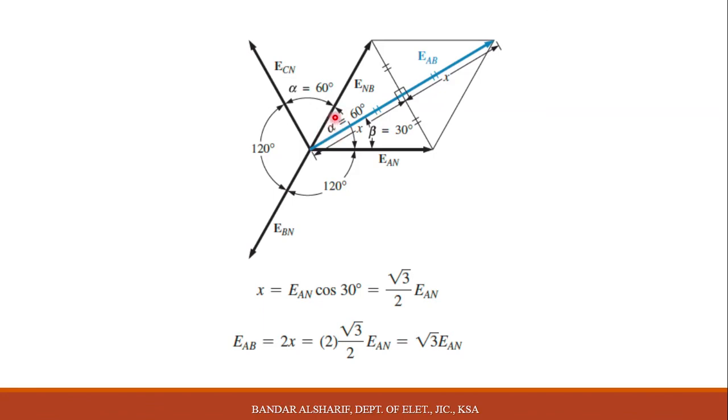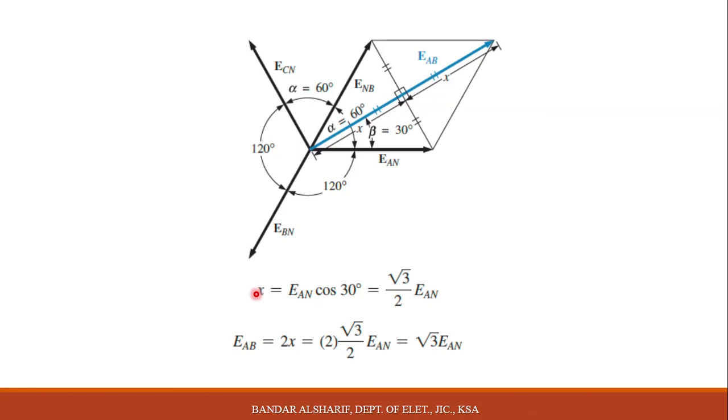Cosine 30 is x divided by EAN. If we arrange it, x will be EAN multiplied by cosine 30. EAN we will not change, but cosine 30, if you calculate it by calculator, is root 3 divided by 2.